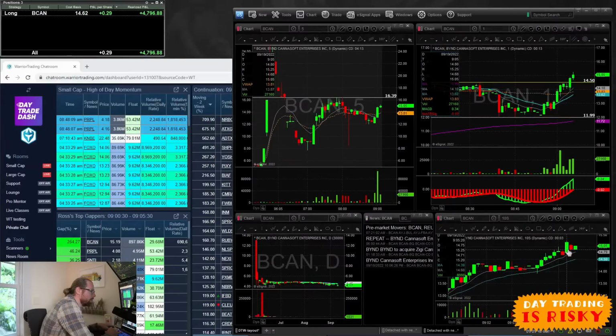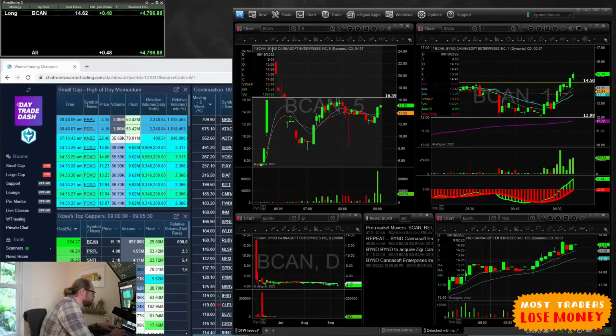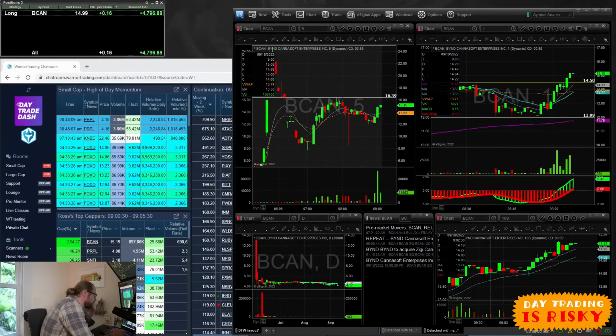So the high of that candle was 1525. I added at $15.13 there. Looking for the breakthrough 1525 and see if we squeeze up to 1550.